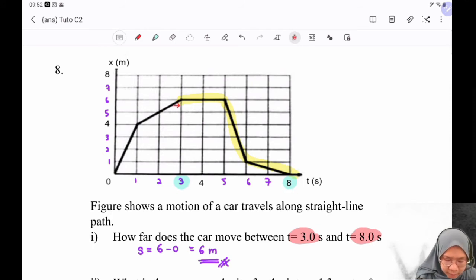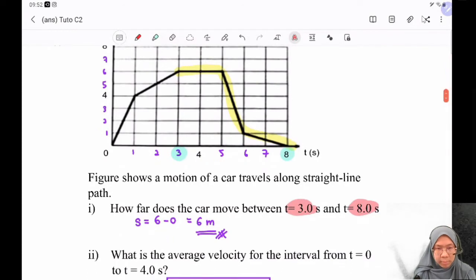So, kita tengok pada 3 second, dia berada pada 6 meter. Okay, kemudian pada 8 second dia berada pada 0 meter. Jadi, jarak yang dilalui adalah 6 tolak 0 equals to 6 meter. Okay, pastikan jawapan akhir awak ada unit. Sebab kalau tak ada unit dan unit salah, tak ada markah lah untuk bahagian tersebut.